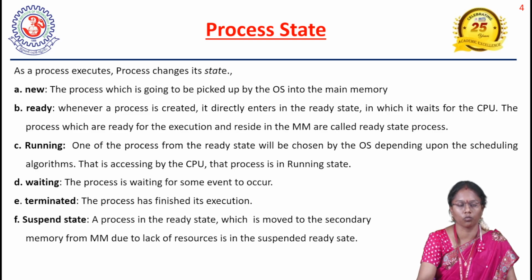Also it is not permanent storage. Whenever any power failure or system failure occurs, the data which resides in the main memory will be lost. That means after the system has recovered, the data will not be available in the main memory. So to maintain the data permanently, we store the data in the secondary memory, and secondary memory is large.